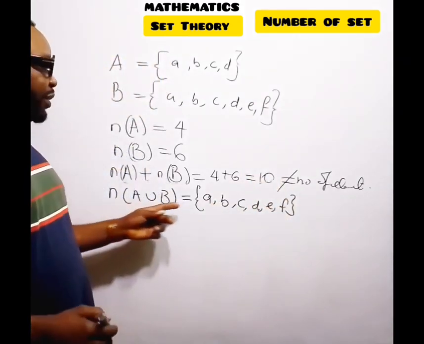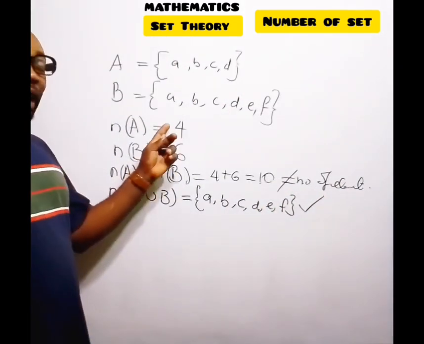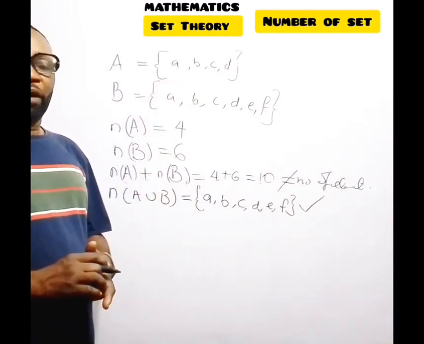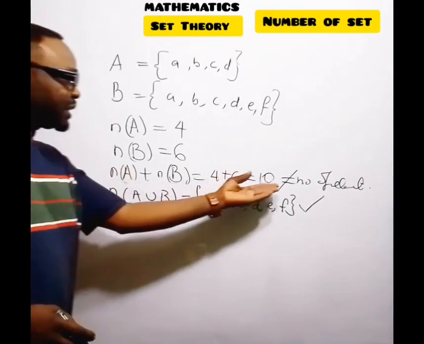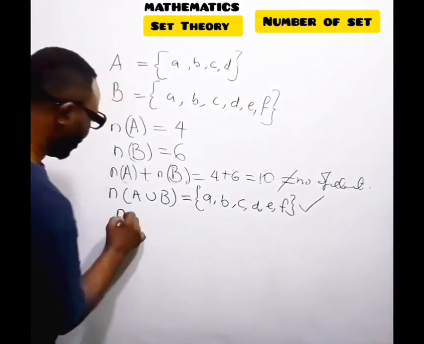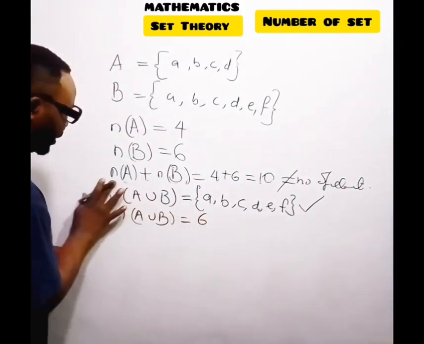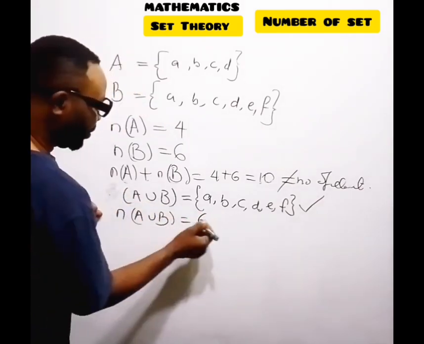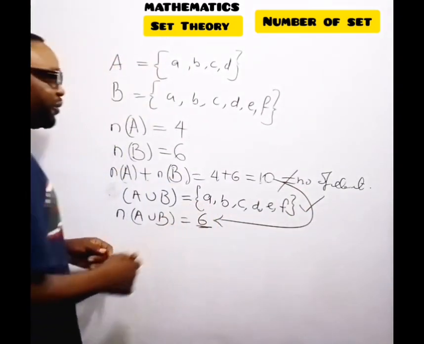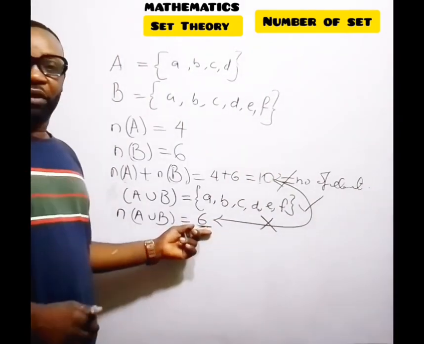That is the correct total number of elements in A and B. But when we do the addition we get 10, which does not correspond to n(A union B), which is equal to 6. They are different from one another, and this is the correct value.